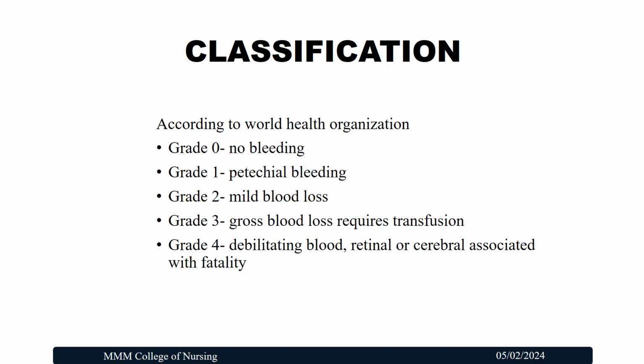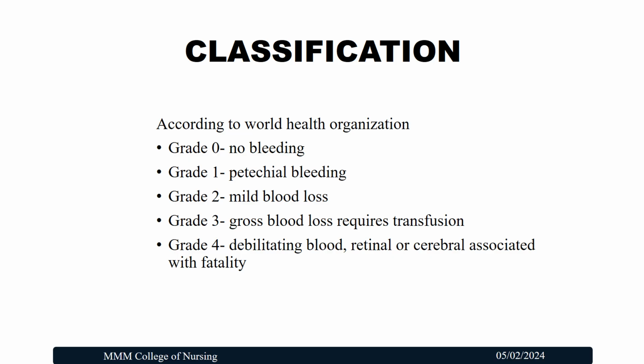So these are the classification of hemorrhage. According to World Health Organization, grade 0 where there is no bleeding, grade 1 there is a petechial bleeding. Petechial means mild tiny spots of bleeding under the skin.